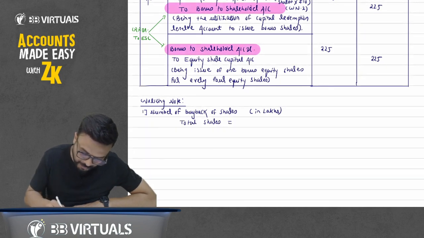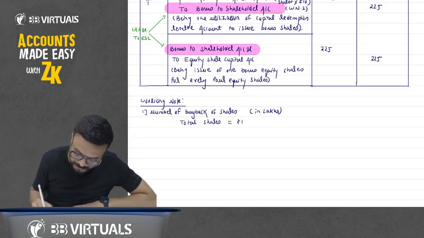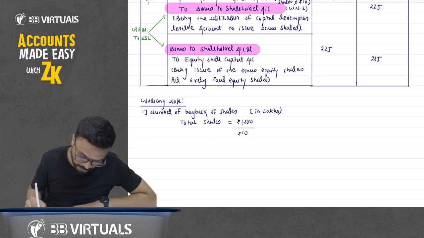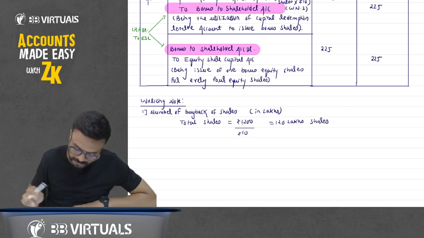Total amount of share capital is 1200 and face value of one share is rupees 10. So how much is it? 120 lakh shares.